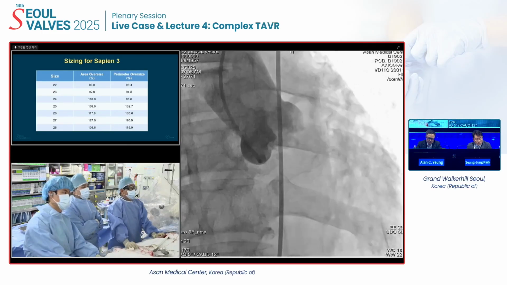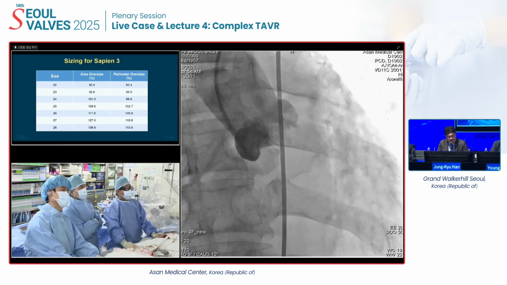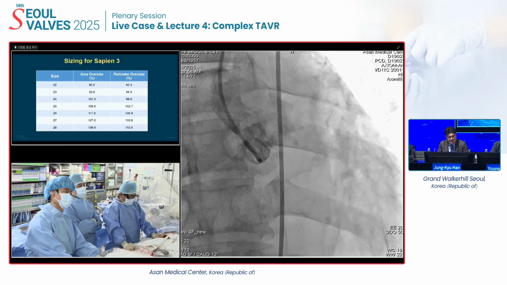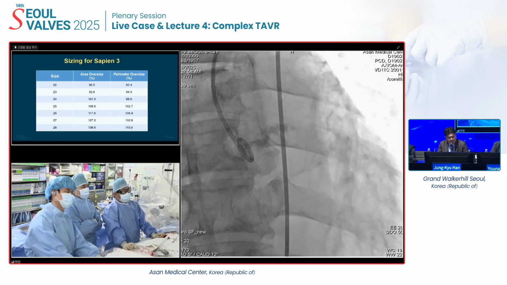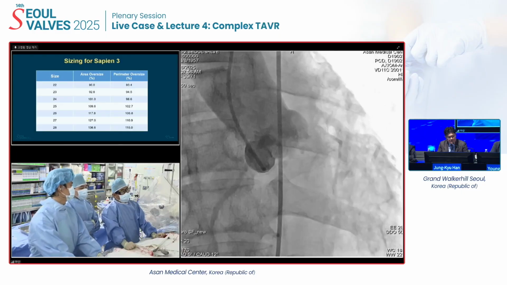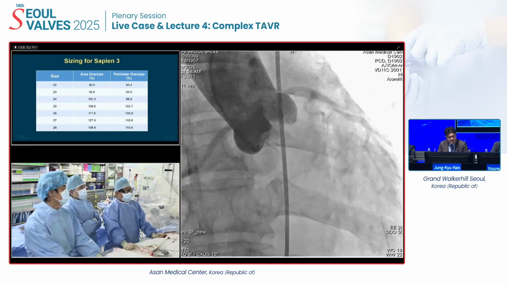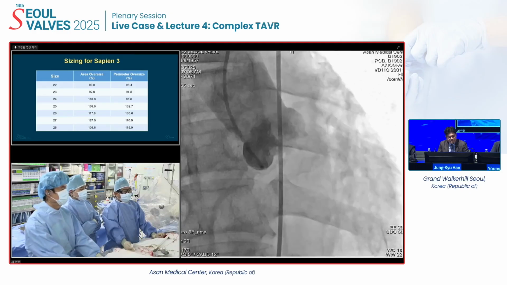So I would target more oversizing, because I'm not sure 23 with undersizing would be good for a relatively young patient for long-term outcome. I agree with your opinion, but sometimes a good result is better than a perfect result. You're right.